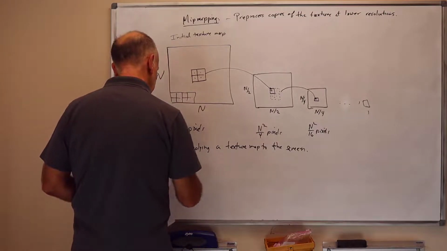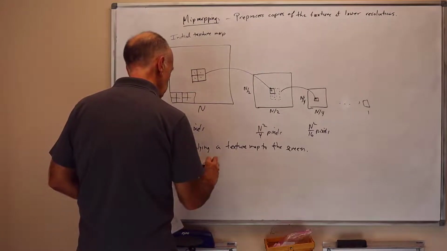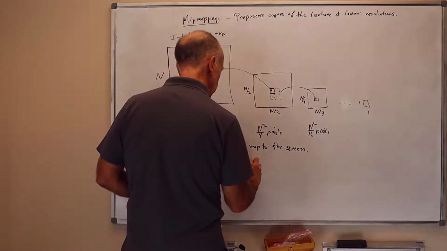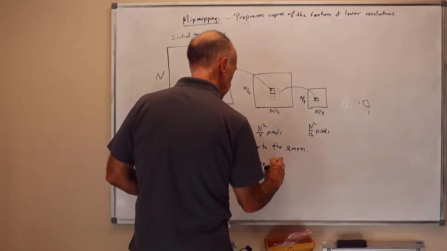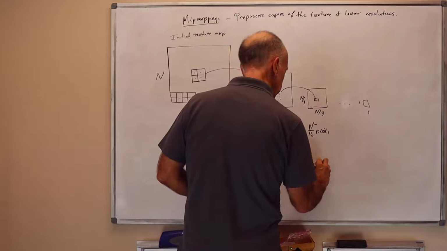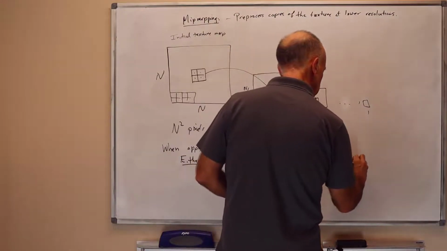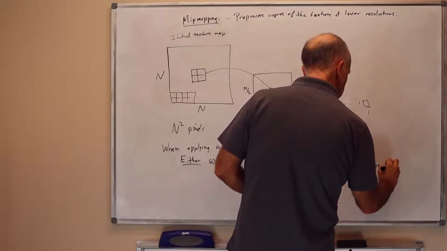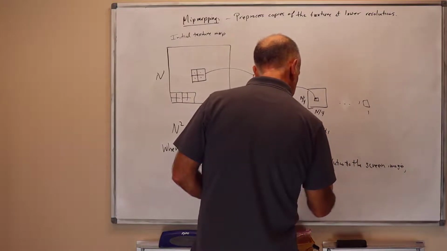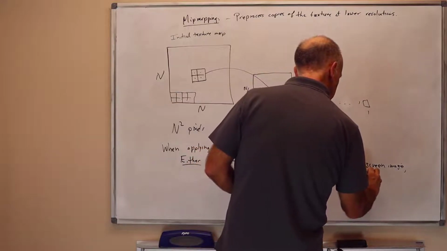We either pick the mipmap level that is closest in resolution to the screen image, and then we can again use bilinear interpolation as before to pick the screen pixel color.